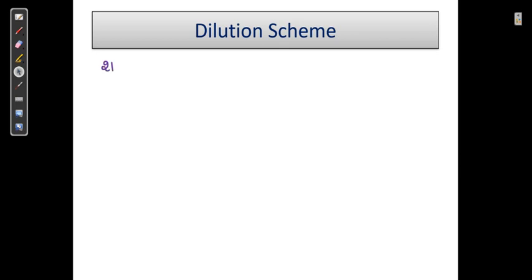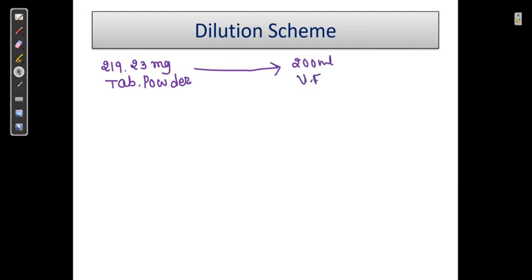So what is that? 219.23 milligram tablet powder, that we have to take. That tablet powder is kept into a 200 ml volumetric flask. First add 50 ml 0.1 normal NaOH solution.